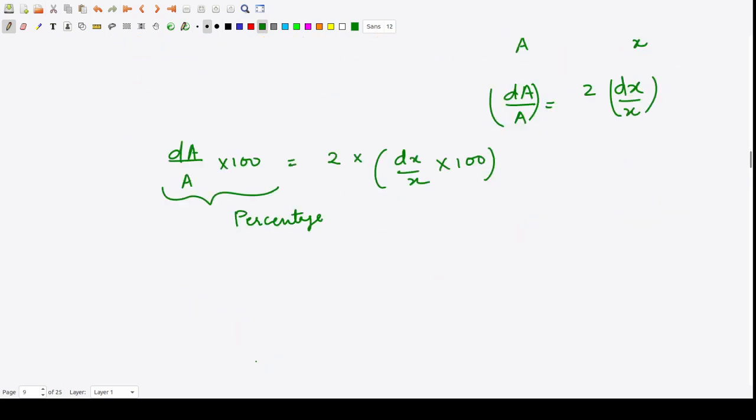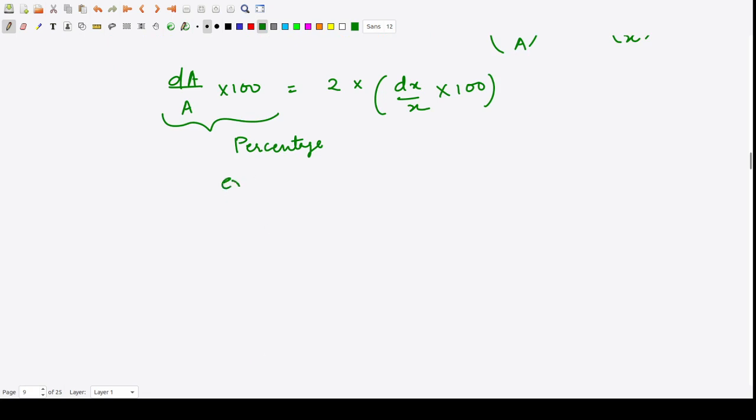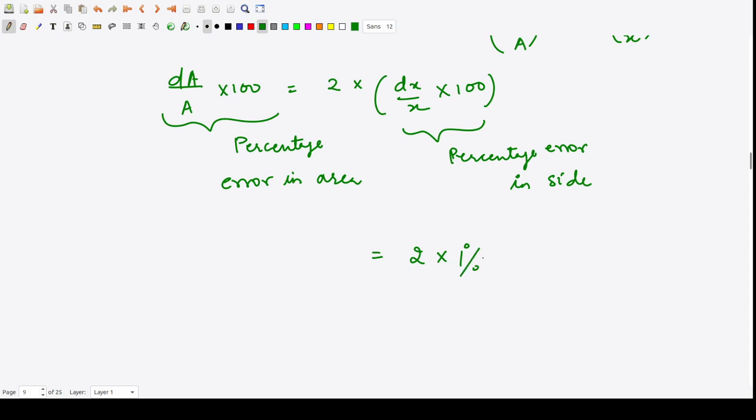This is the percentage error in A, in area, and this is the percentage error in side of the square. Now we are given the percentage error in the side of the square, that is given to be 1%. So that means this is equal to 2%. The percentage error is equal to 2%. So this is our answer.